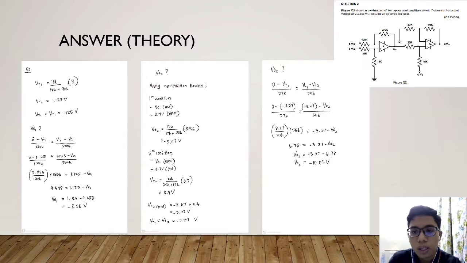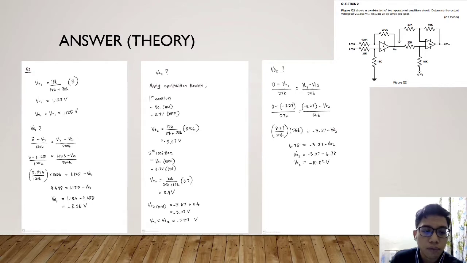So how? As you can see here in the circuit, we have to apply Thevenin analysis to find V plus, as there are 2 resistors in the line. So V plus is equal to 18K over 18K plus 30K times 3 volt, which is our voltage supply for this line. Therefore, V plus is equal to 1.125 volt.